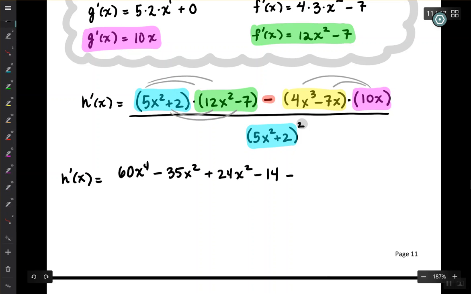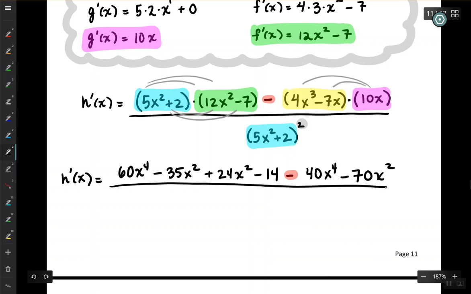Subtract. See if you pick up the mistake I'm about to make here. 10x times 4x cubed will be 40x to the 4th. And 10x times a minus 7x would be a minus 70x squared. Did you see my mistake? All over denominator squared.